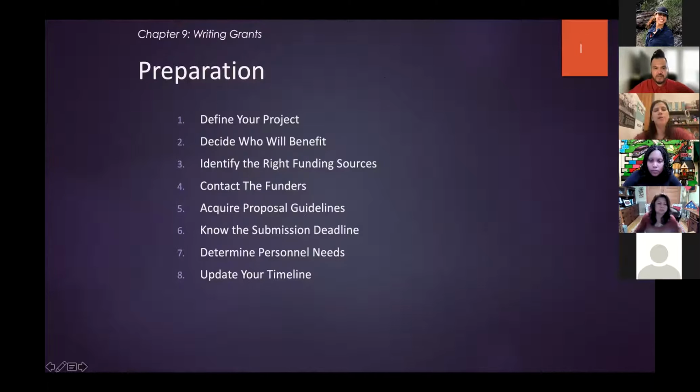Yeah, well, I think that preparation is everything. For very complex grants, such as those at the federal level, it can take many months to complete.